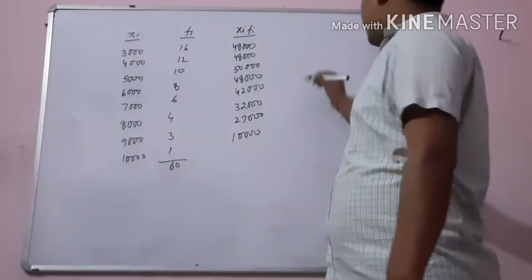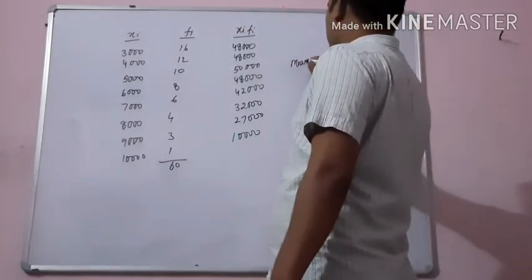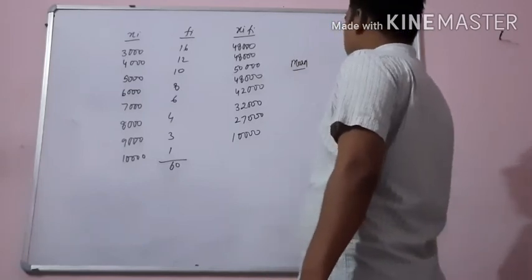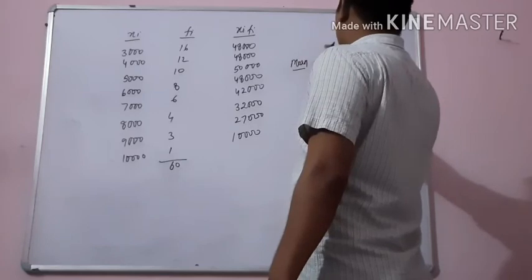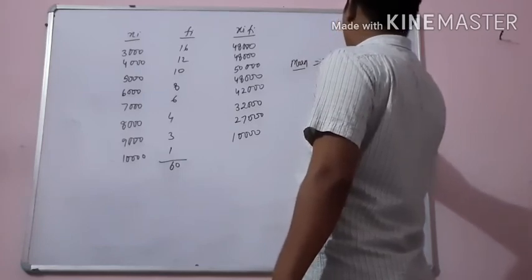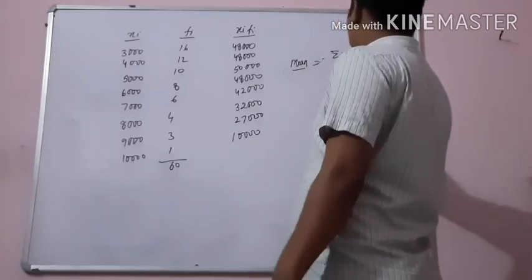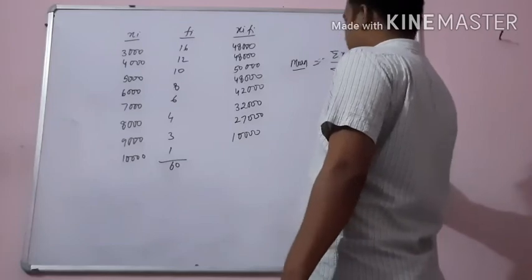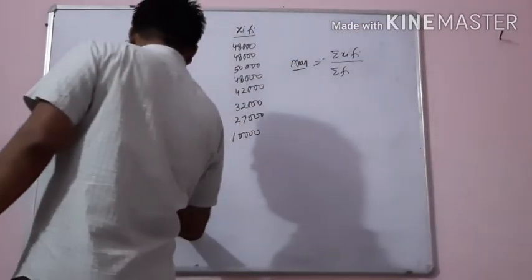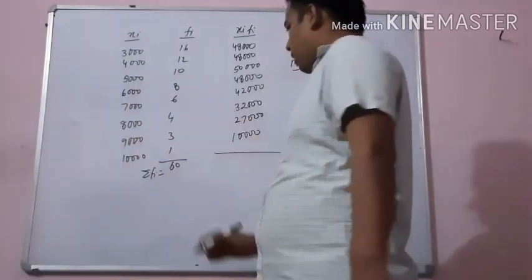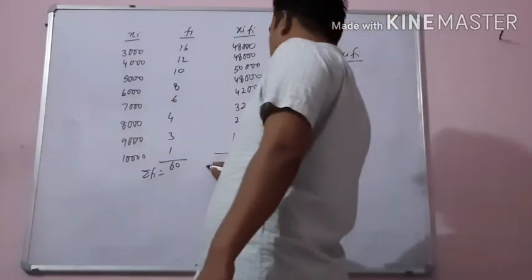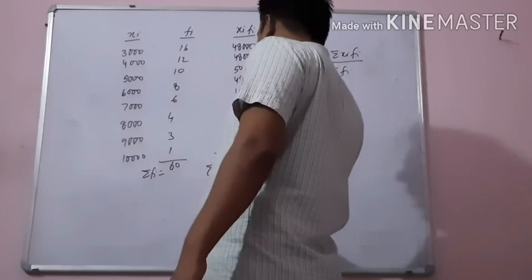Now in this case mean will be given by sigma xi fi upon sigma fi. So this is sigma fi. Now we have to find this sigma xi fi.